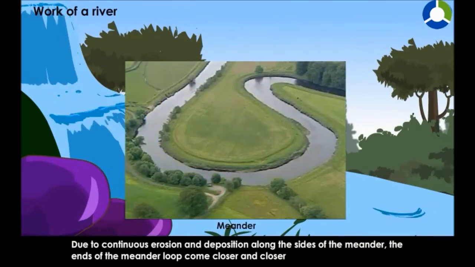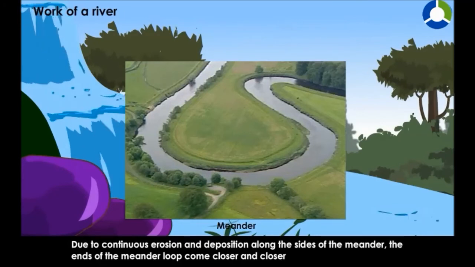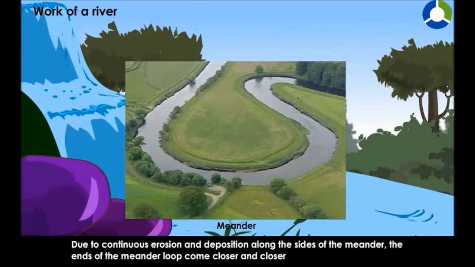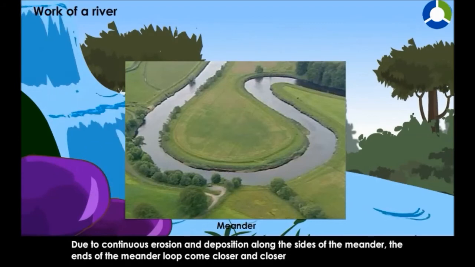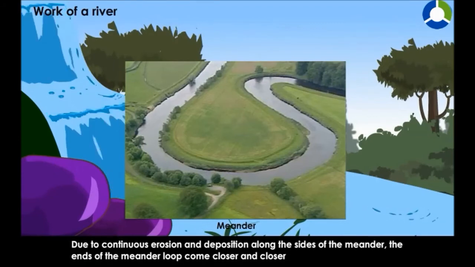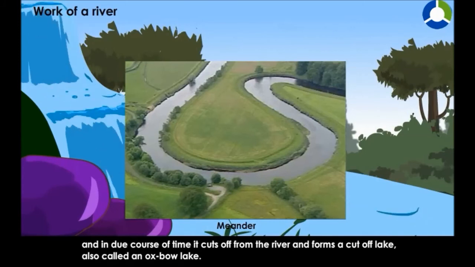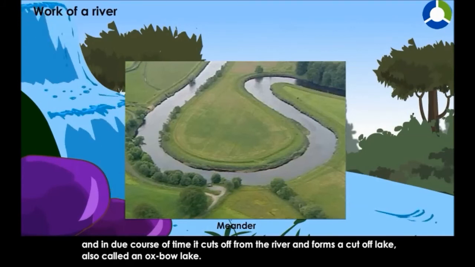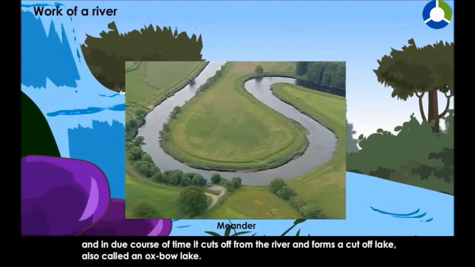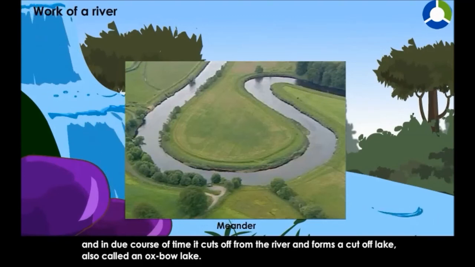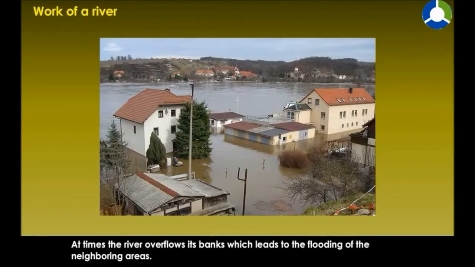Due to continuous erosion and deposition along the sides of the meander, the ends of the meander loop come closer and closer, and in due course of time it cuts off from the river and forms a cut-off lake, also called an oxbow lake.